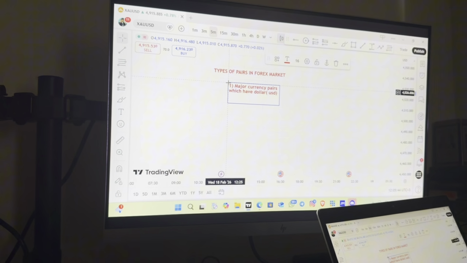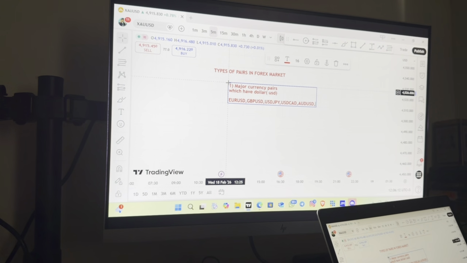Examples of major currency pairs: Euro USD, GBP USD, USD JPY, USD versus Canadian dollar, CAD. There is AUD, Australian dollar versus USD.